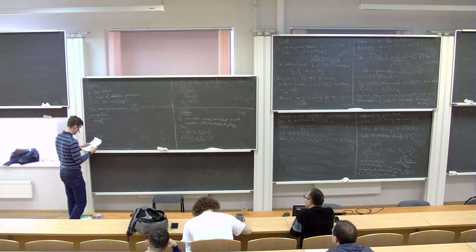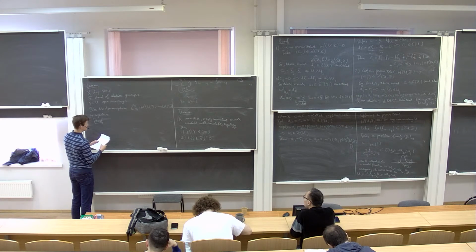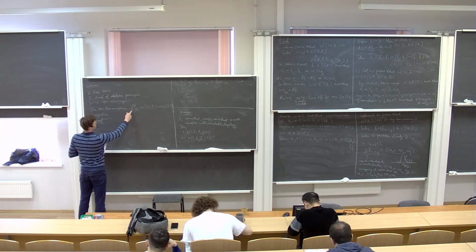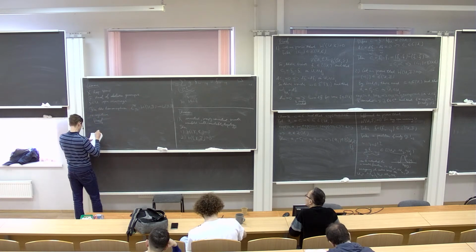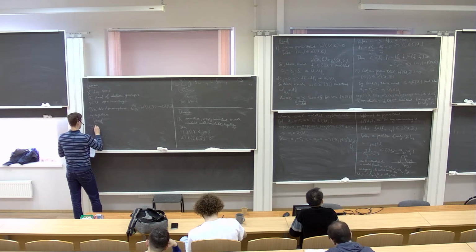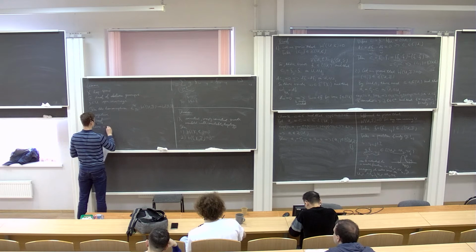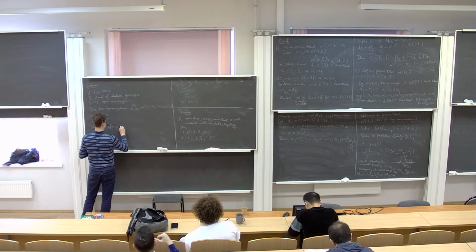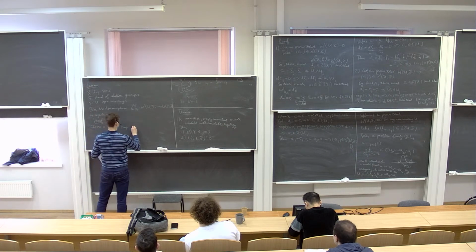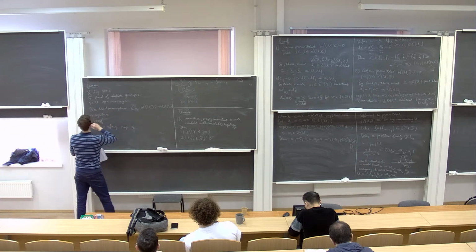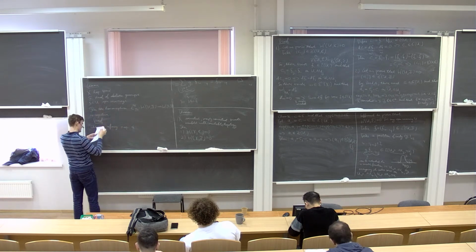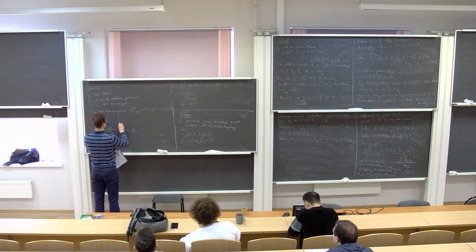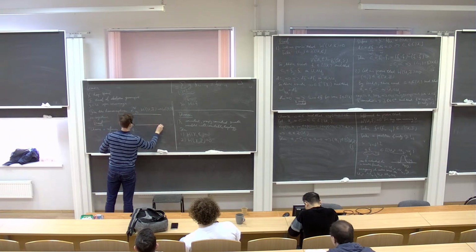Okay, the proof is the following. We have to go into the details of how we constructed this map. This map is constructed using a refining map. We should fix some notation.